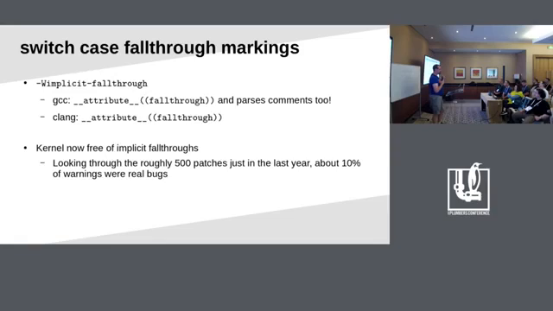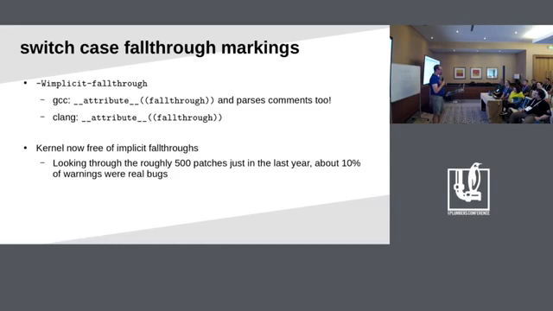And GCC actually parses the comments looking for markings as well. Yeah, GCC's parsing of that was to have parity with the IDEs and all sorts of other things prior to this being standardized. And Clang has said quite loudly that they will not be parsing comments.